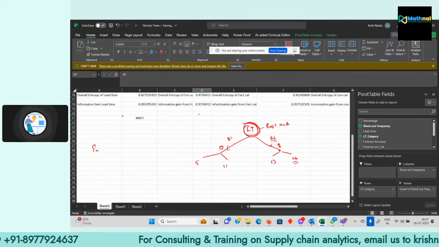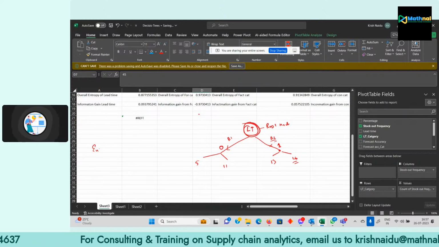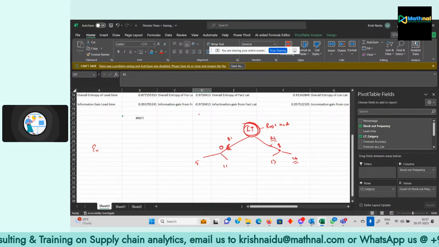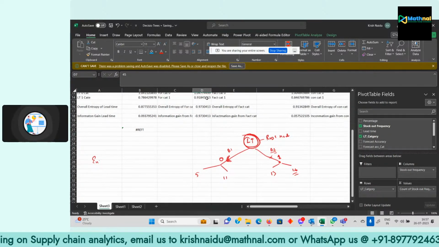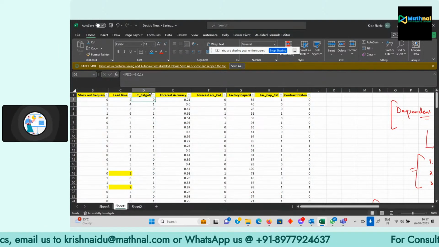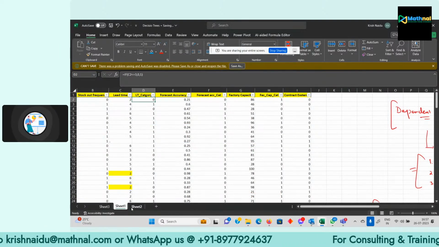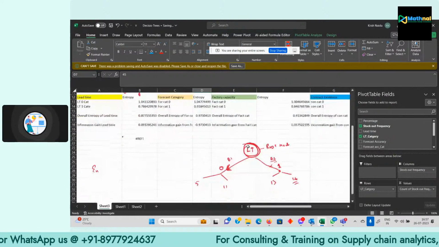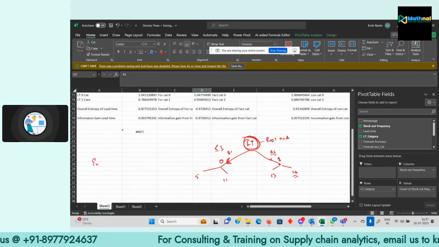If we have a root node from lead time, what is the lead time? Zero means it is less than or equal to 3, and this is more than 3.